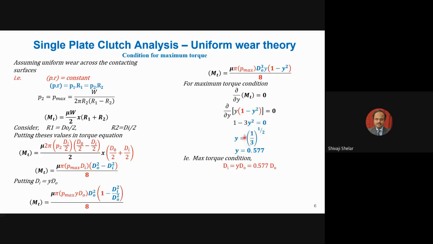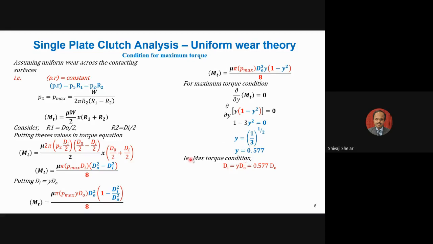If you take the square root of 1 by 3, you get the ratio factor for which your torque carrying capacity will be maximum. So what is that value of y? If we solve this equation, we get y is equal to 0.577. What it indicates is that if you keep the ratio of the inside diameter of your friction disc with respect to the outside diameter at 0.577, then that clutch can transmit maximum torque.